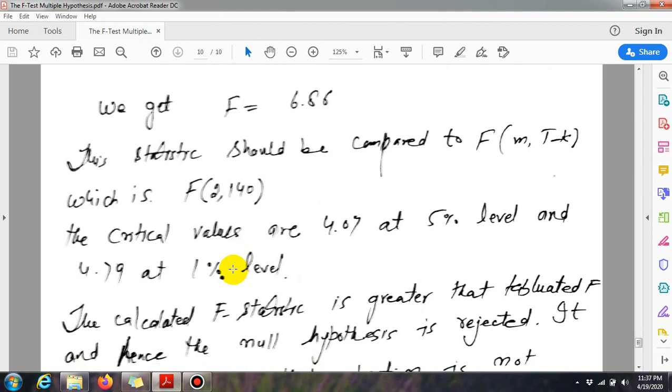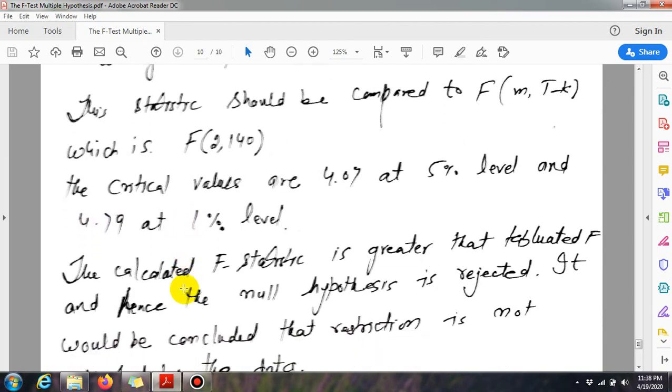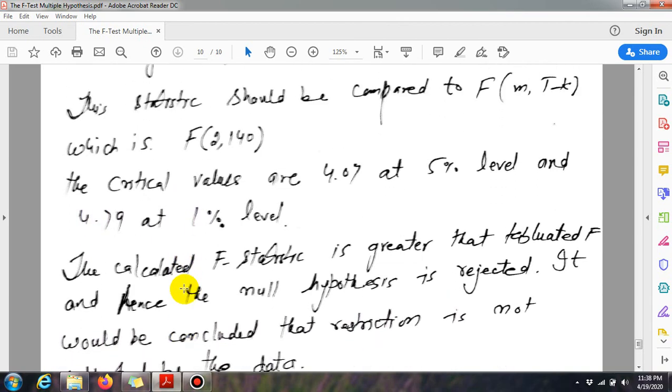After viewing the F table, the critical value is 4.07 at the 5% level of significance, and if you are using a 1% level of significance, the tabulated F statistic is 4.79.